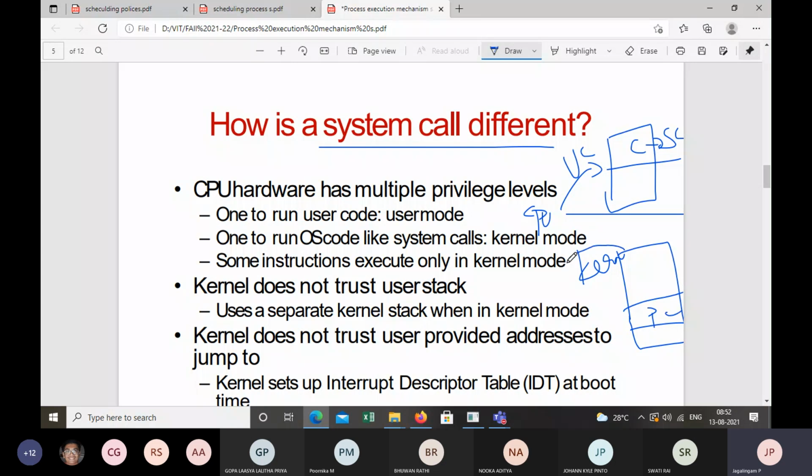Therefore, when the CPU completes the execution of the system call, it has to go back to the user mode to resume the execution from where it stopped. So when the CPU changes from kernel mode to user mode, the privilege level of the CPU also changes, right?